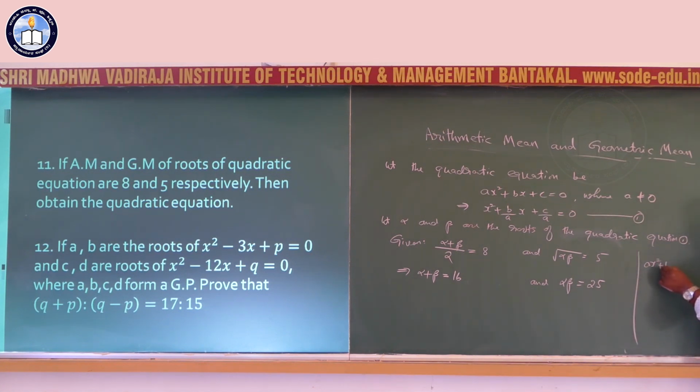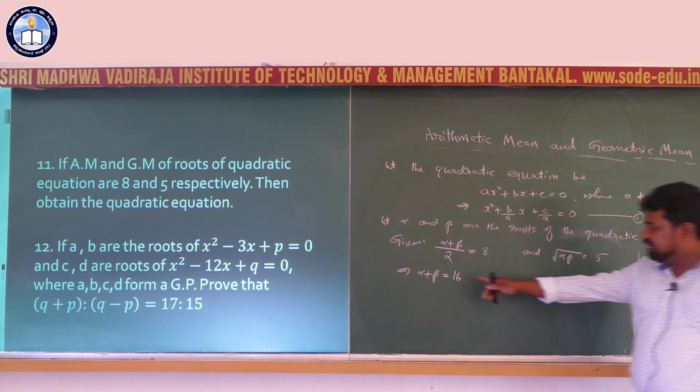Here a is the coefficient of x square, b is the coefficient of x, c is a constant term, alpha and beta are the roots of this quadratic equation, then we know that alpha plus beta equal to minus b by a, alpha into beta equal to c by a.